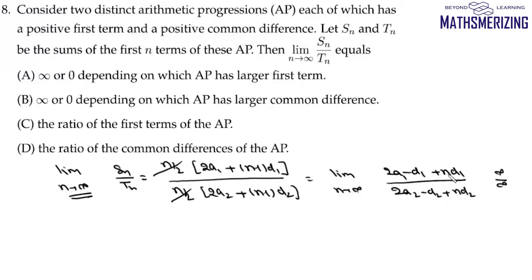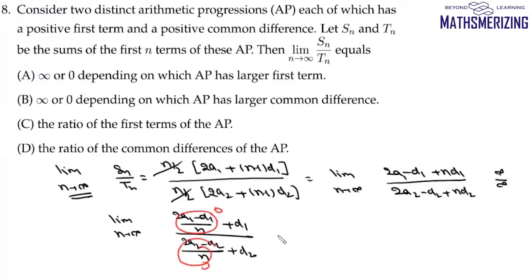Now we can take n common, so we can write this as limit n tends to infinity 2a1 minus d1 upon n plus d1, upon 2a2 minus d2 upon n plus d2. Now when n tends to infinity, this value goes to 0. So the answer to this limit is simply d1 upon d2, which is the ratio of the common differences of the APs, and that's your option D.